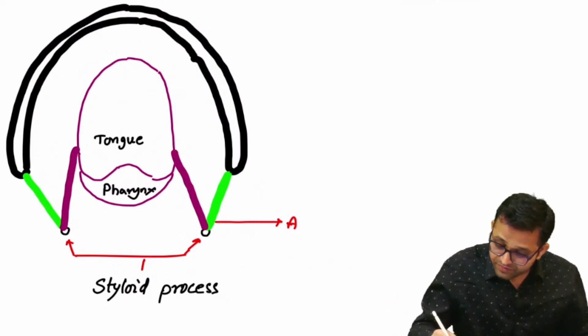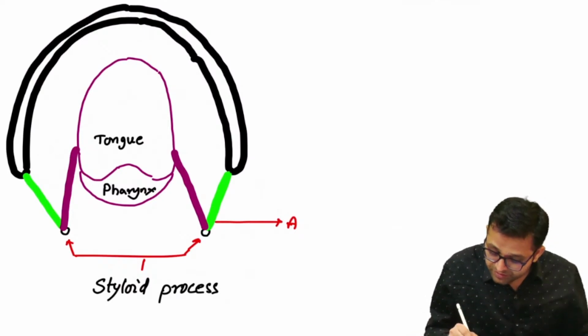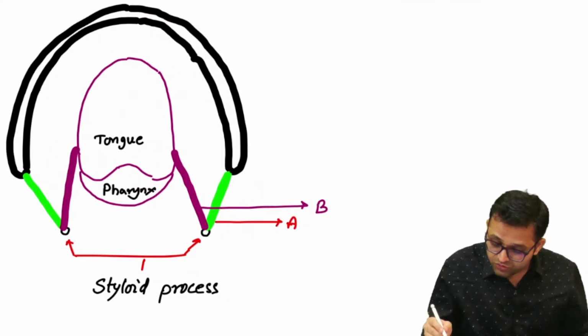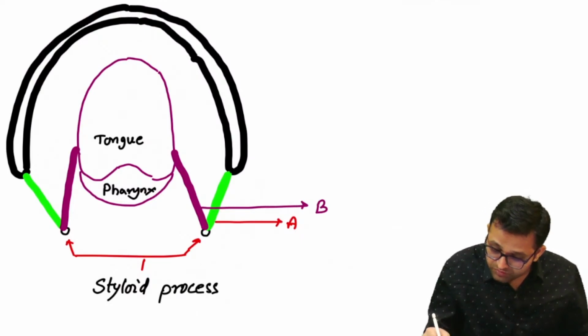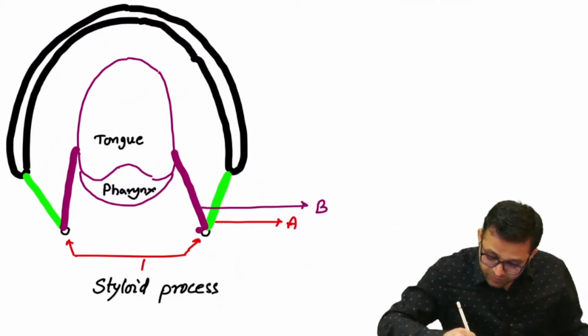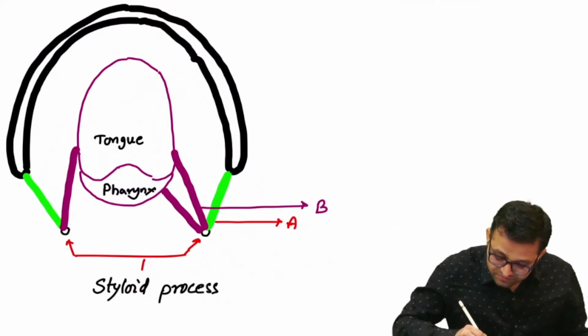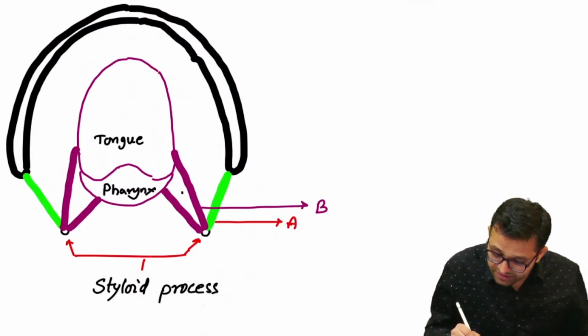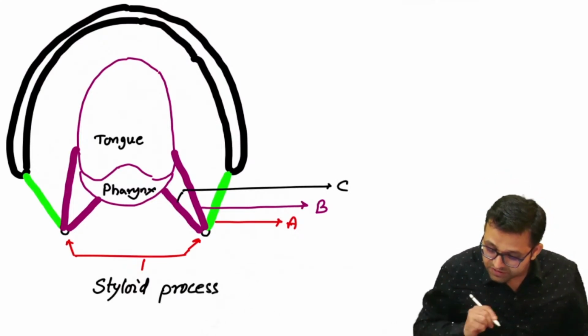This is our B. And now you have to say about one more muscle which is attached between the styloid process and the pharynx. So I am indicating this structure as C.